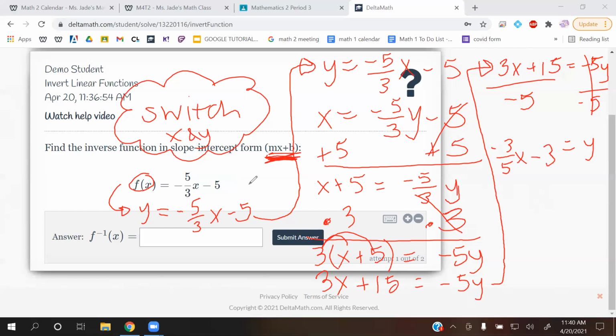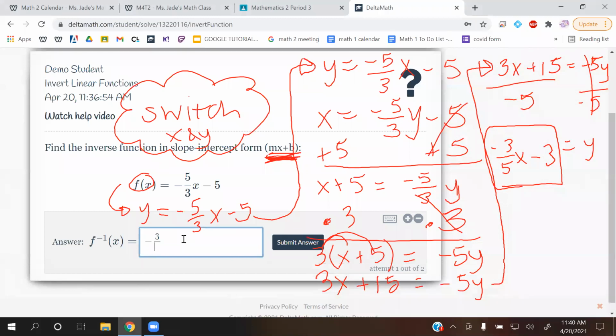So 15 divided by -5 gave us -3, and the 3x divided by -5 gave us -3/5x. So then in total, this is our final answer in the slope intercept form. I'm going to type it in now. We have -3/5 x minus 3.